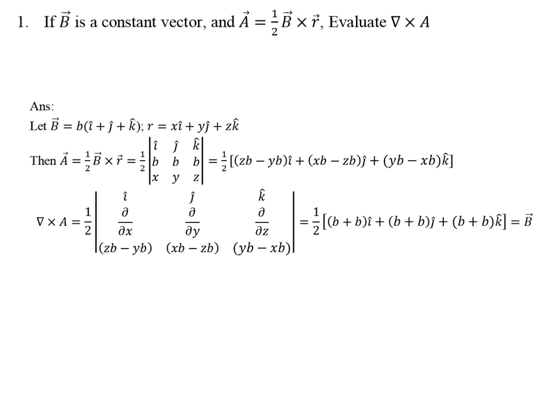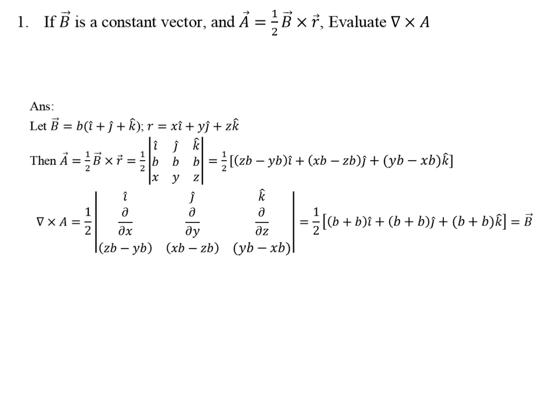So let B is equal to Bx i plus By j plus Bz k. R is equal to Xi plus Yj plus Zk. Then according to the question, A is equal to half B cross R. Substituting the values, we get A equal to half into (Bz Y minus By Z) i plus (Bx Z minus Bz X) j plus (By X minus Bx Y) k.